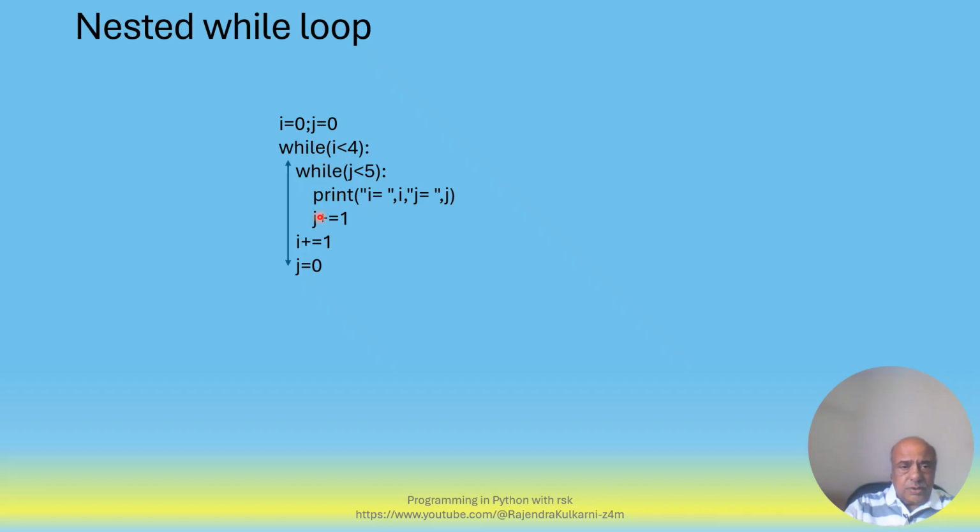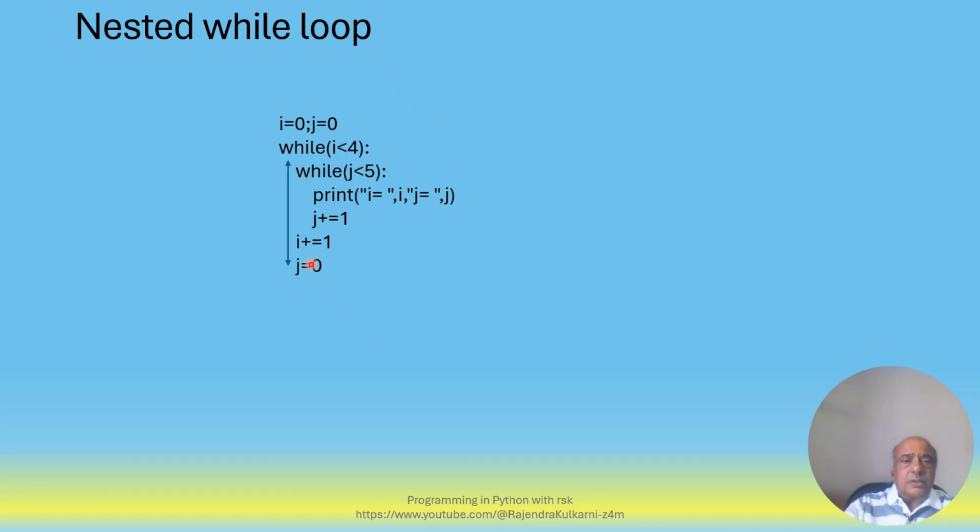So this loop will work till j reaches the value of 5. The inner while loop will execute till the value of j is 5. On reaching the value of 5, the inner while loop will terminate.